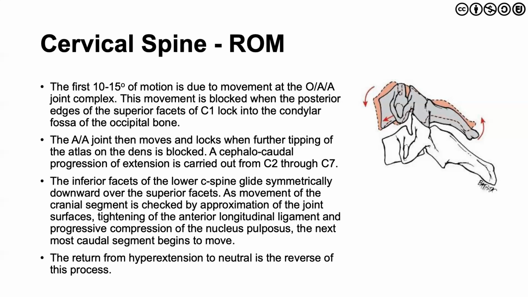For example, if we're going into an extended posture, the inferior facet of the lower C-spine glides symmetrically downward over the superior facets of the vertebra just below. And that movement is checked by then the approximation of the joint surfaces, the tightening of the anterior longitudinal ligament, and even capsular restrictions at the zygapophyseal or facet joint, and then the compression of the disc itself.